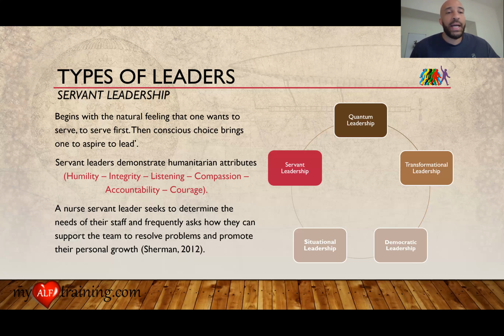I really like this leadership style because it's important for me when I'm working for my leader to be able to know what my weaknesses are as a registered nurse or as a healthcare provider. And this is important because I don't want them to give me something that I feel like I can't handle, especially if I'm new on the unit, if I've had a tough shift, or if I'm new in my profession.